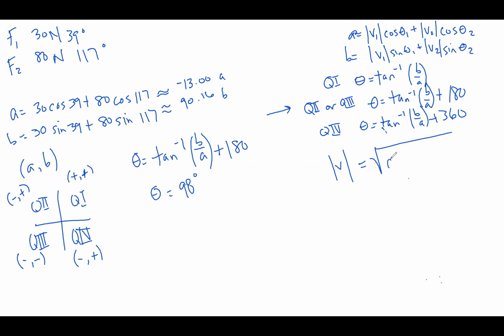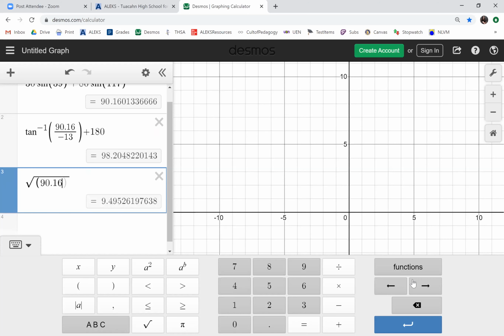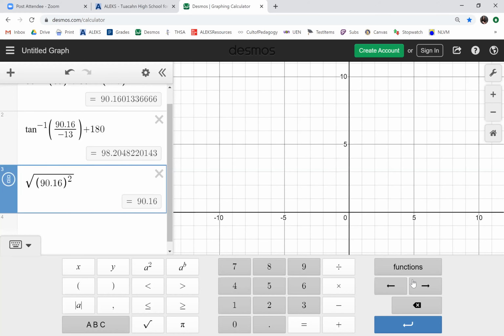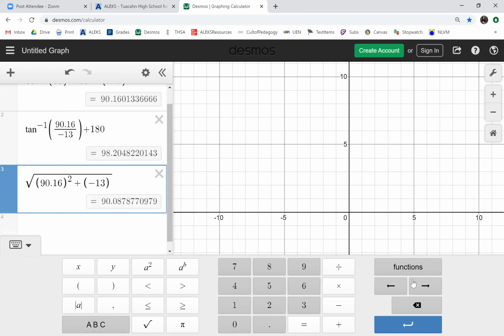Now the next thing you want to do is find the resultant vector, and that's just the square root of A squared plus B squared. So here we'll go back to Desmos, and we just have to do the square root of 90.16 quantity squared plus negative 13 quantity squared.